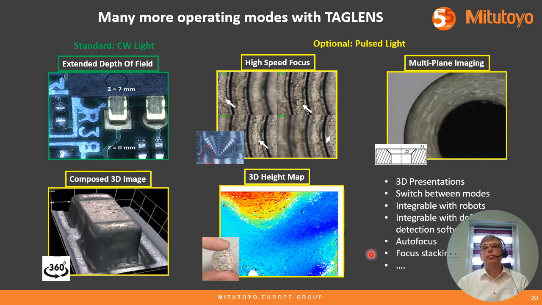So these are some features possible with the TAG lens using CW light or pulsed light. With pulsed light, it's possible to switch between different modes. It's possible to integrate the TAG lens in robots or use it for defect detection software. It's possible to build an autofocus system without any moving parts or use focus stacking algorithms and so on and so on.